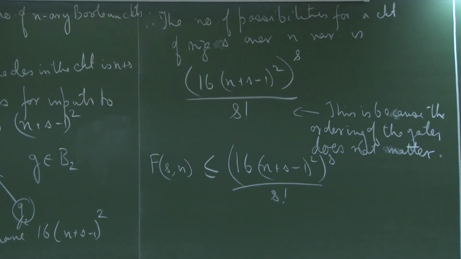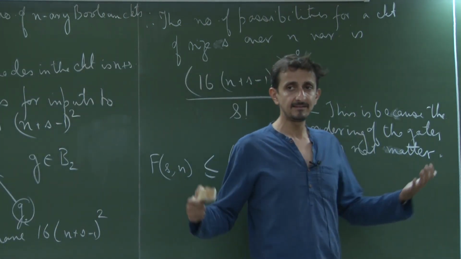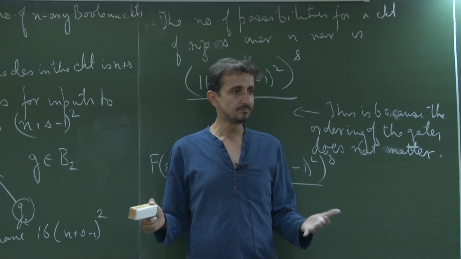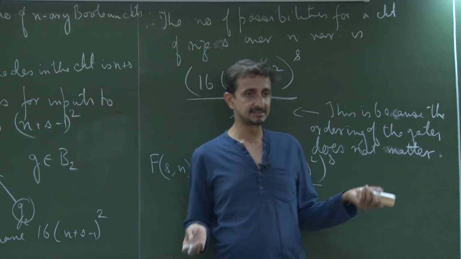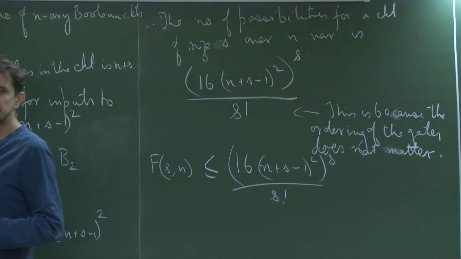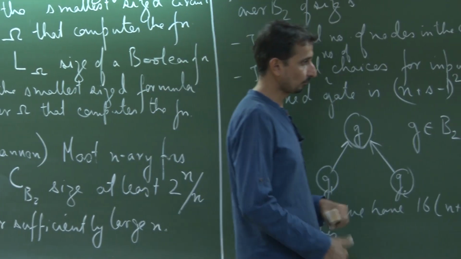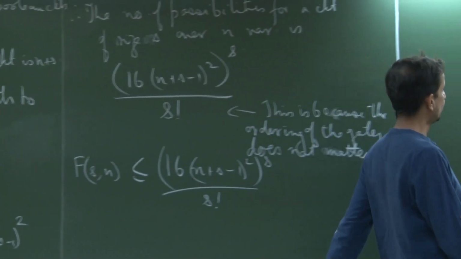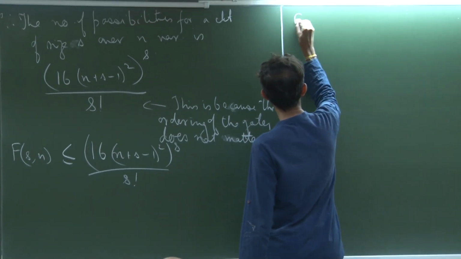Basically the way I am counting circuits is I am looking at them as DAGs and trying to count all DAGs which have a certain structure. It can very well be possible that some of those DAGs do not even represent a circuit. I do not care about it because I just need an upper bound in this case.